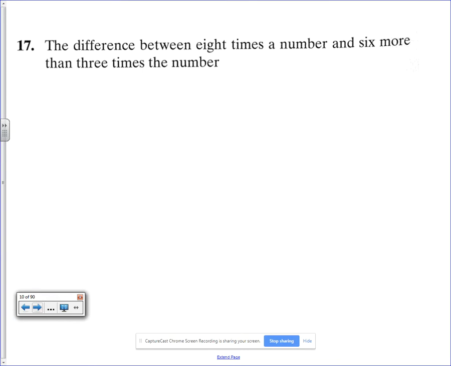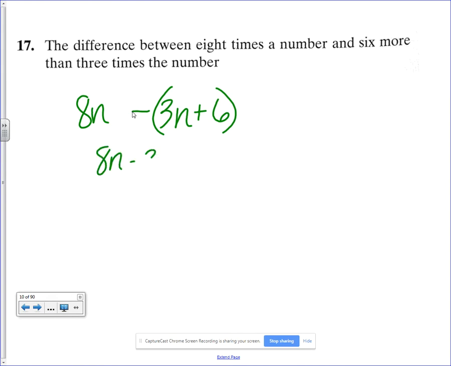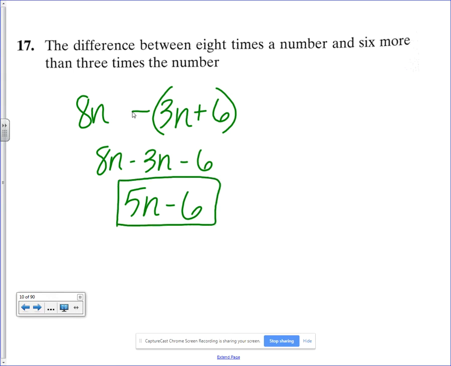The difference between 8 times a number and 6 more than, so that means plus, 3 times the number. Now, I have to keep this in parentheses, so I do the difference of that entire thing. So I'm going to distribute that negative symbol and combine, and that's as simplified as I can get that.